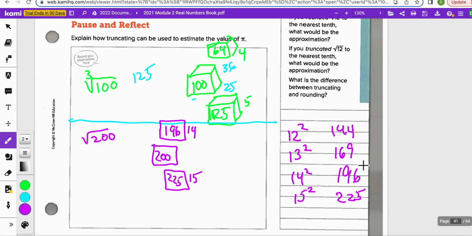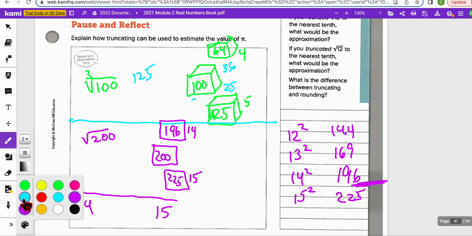You could say 200 falls between 196 and 225, and what's it closer to? Well, 200 is much closer to 196. So if I had 14 and 15 on a number line, well, that would mean I'd have 14.1, 14.2, 14.3, 14.4, all the way up to 14.9 until I got to 15.